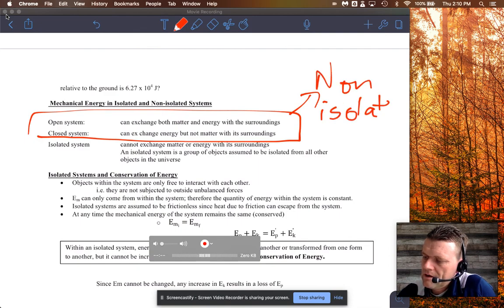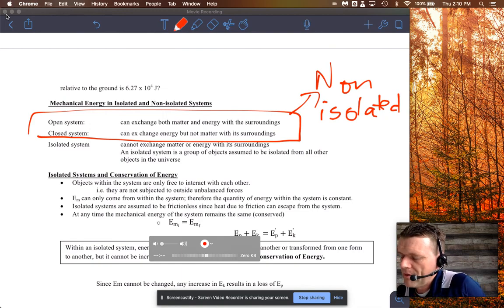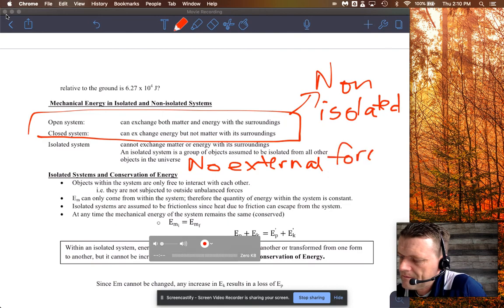And in some of the literature, you'll see that because all we care about is: is it isolated or not? An isolated system doesn't exchange matter or energy, but really I like to add, it means there's no external forces acting on the system.